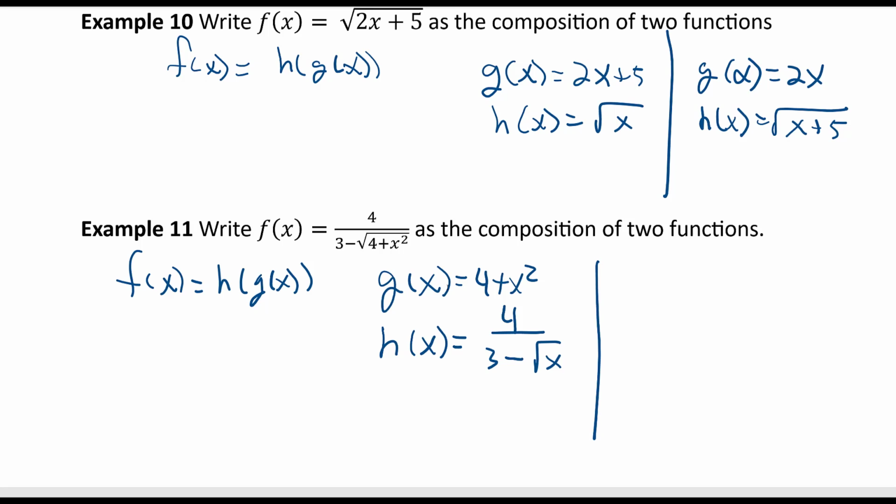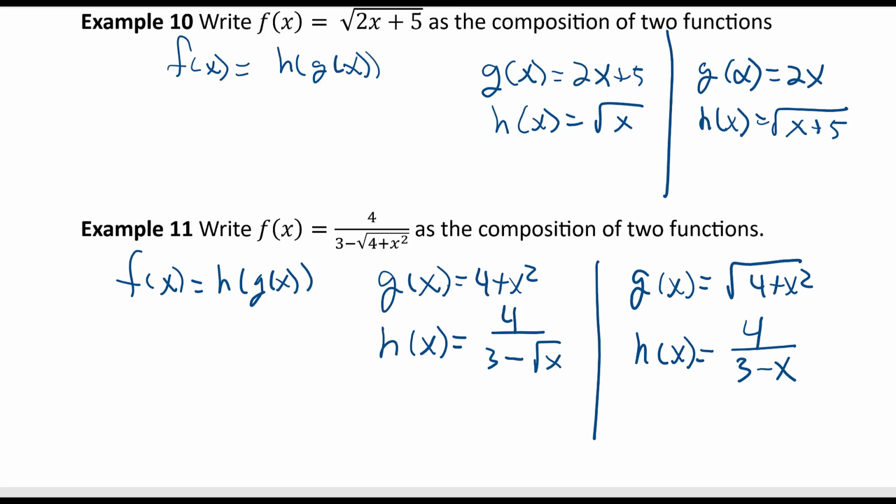Another way to do it is to say g of x is the square root of 4 plus x squared, and h of x equals 4 over 3 minus x.